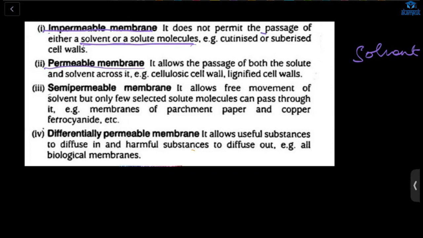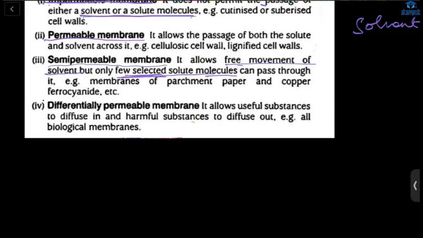And in a semi-permeable membrane, what will happen? Only the solvent movement is allowed, but a few selected solute molecules will also be allowed. And the differentially permeable membrane allows the useful substance to diffuse in, and the harmful substance to diffuse out.